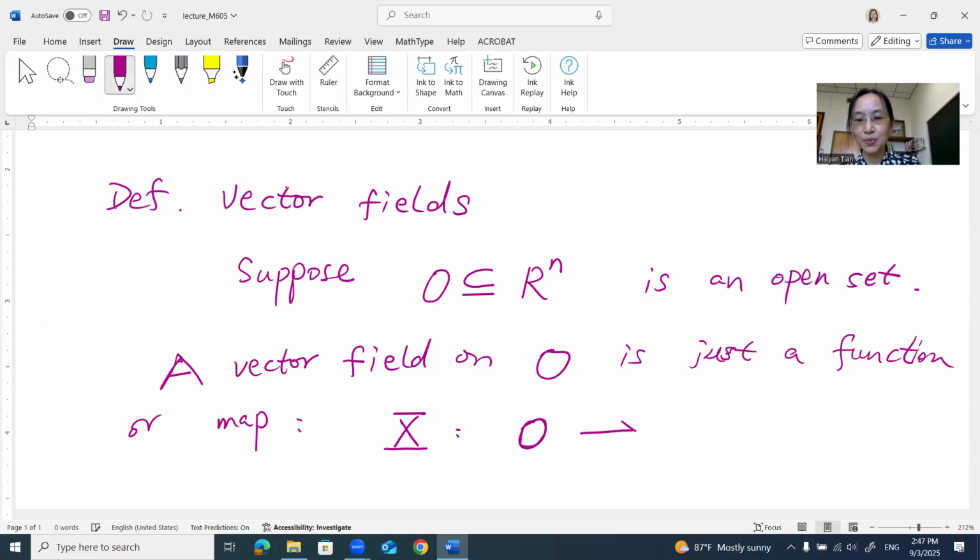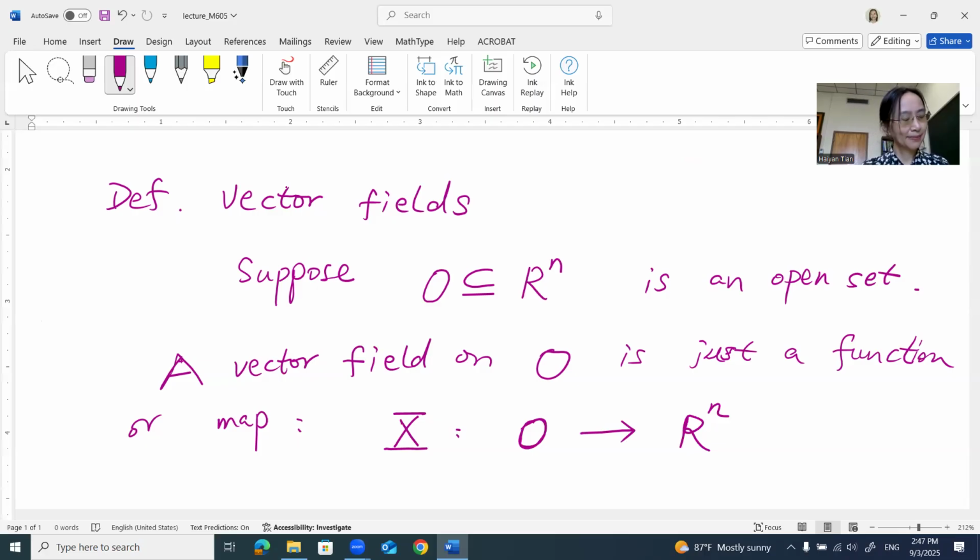So that means the input is a vector in Rn. The image is also a vector in Rn. So such a map maps a vector into a vector. So the input vector is from the open set. The output vector is a vector in Rn.